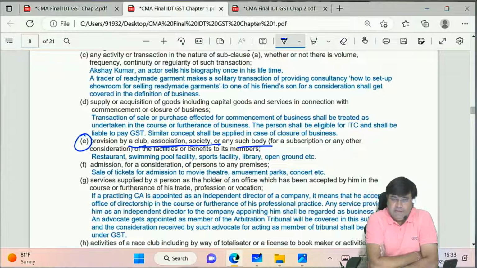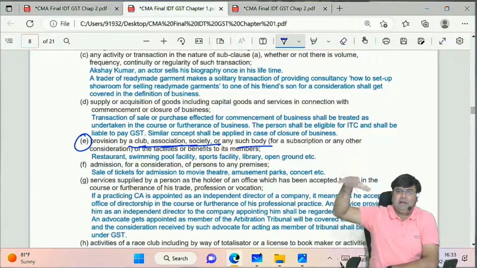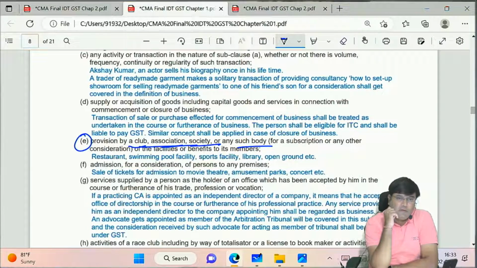So you and me, along with, let's say, 10 other flat owners, decided that rather than buying vegetables individually, we are going to buy together. What is our objective? To buy together so that we get the discount. We are going to buy at a much lesser rate because we are going to buy in bulk.